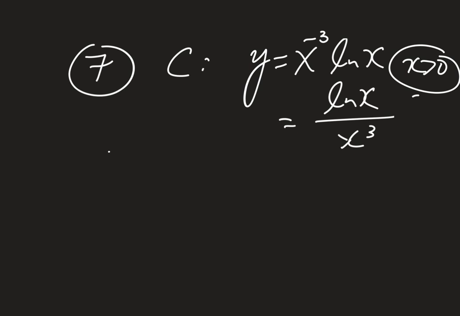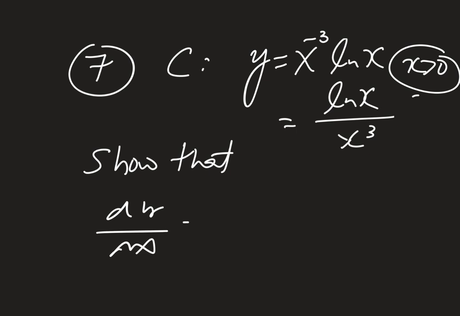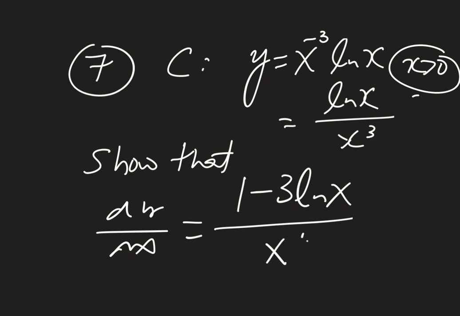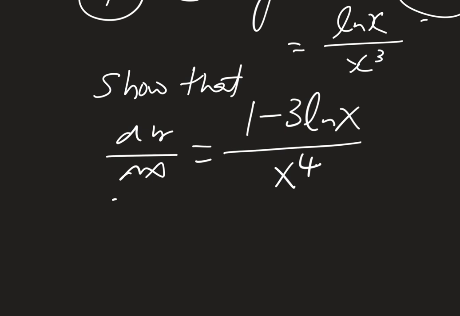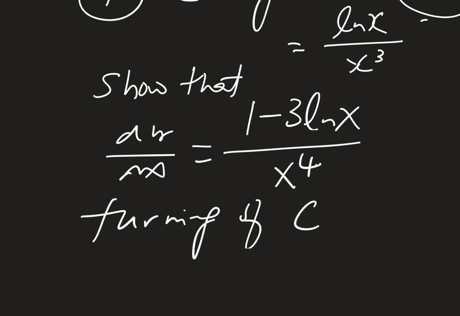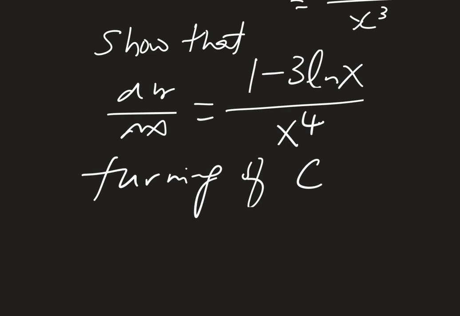So it asks us to show that x cannot be equal to 0. It has to be bigger than 0. And dy/dx is equal to (1 minus 3 ln x) over x to the power of 4, and hence find the coordinates of the turning point of C. Since they ask 'hence', that means you have to use the information without verifying this.